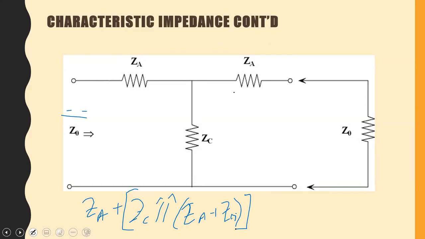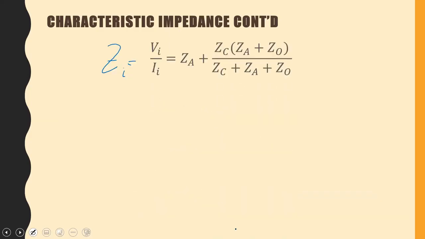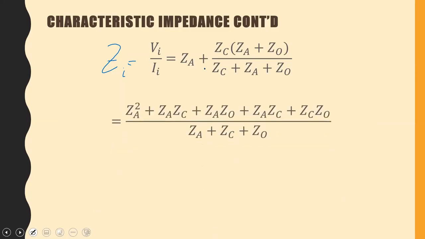So if I now simplify that, I'll have ZA plus, I remember we had ZC in parallel with ZA plus Z0. So we just use product over sum. Simplify that, so that will be ZA times the denominator, and we add it to the numerator. That's all we have done.